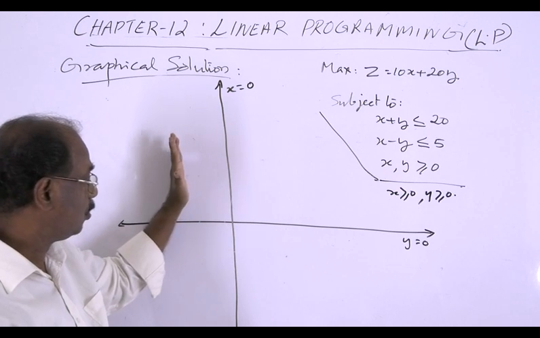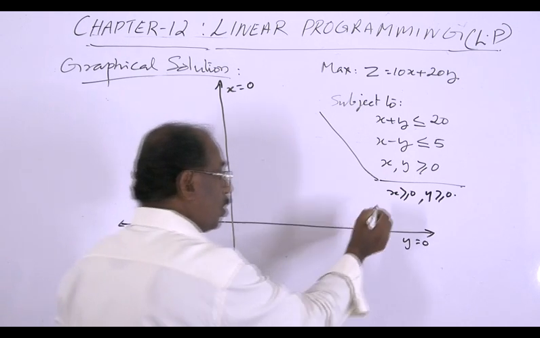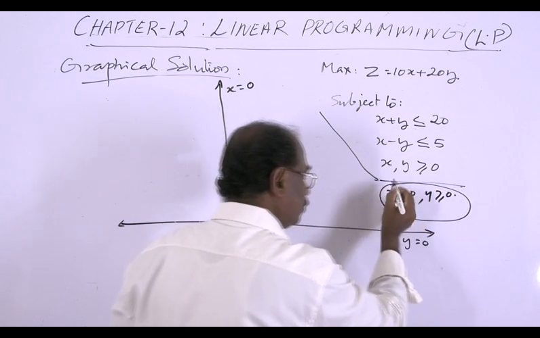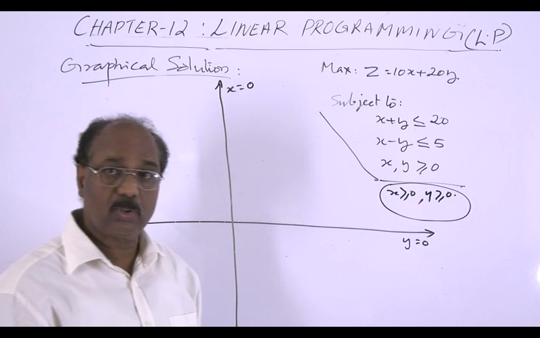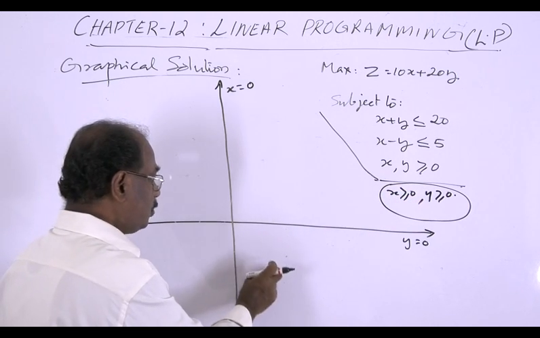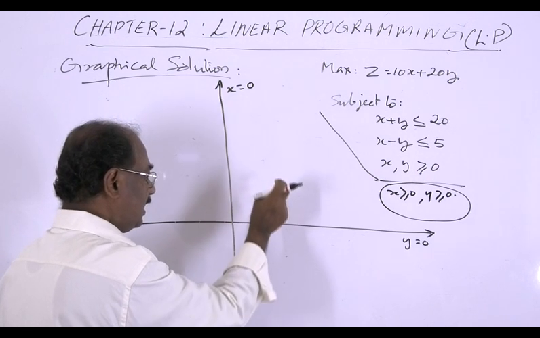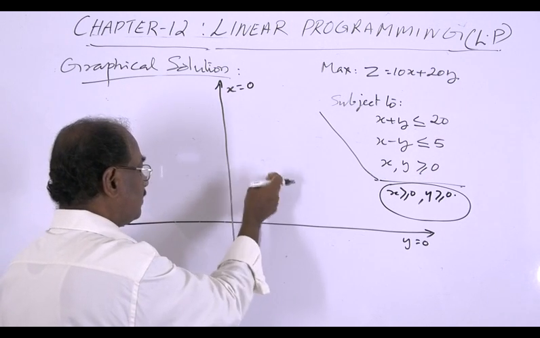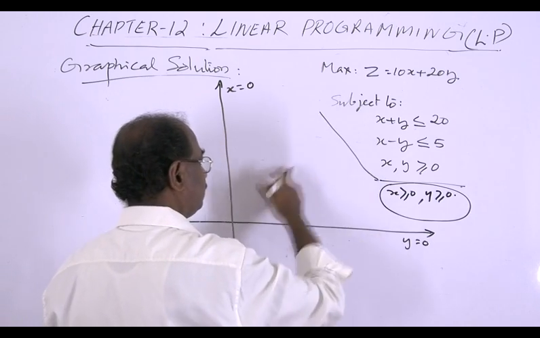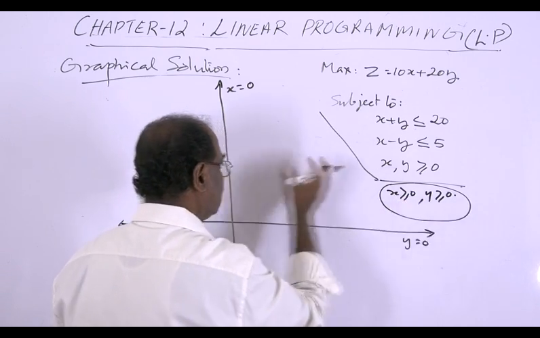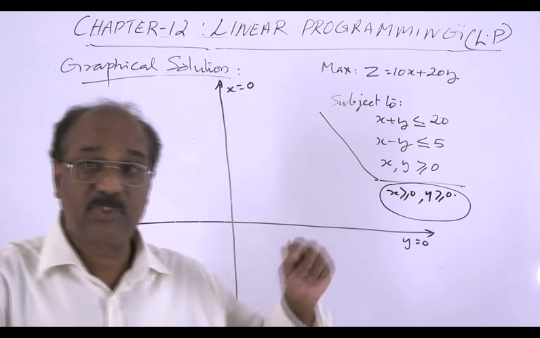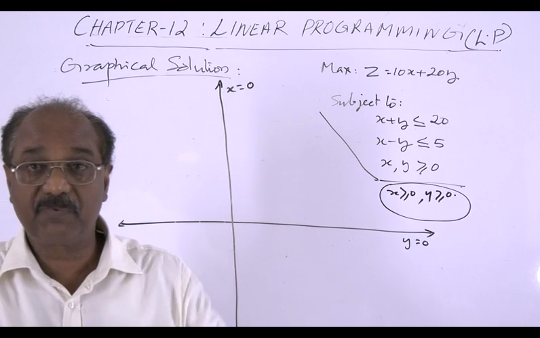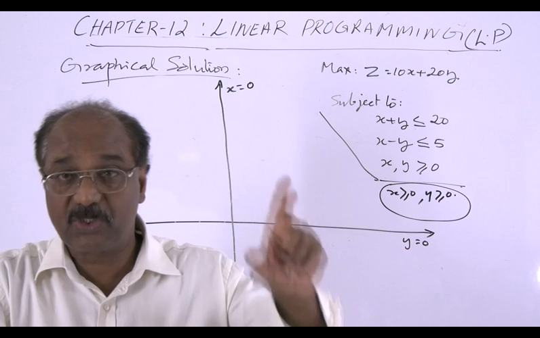Therefore, the common region for these two is the first quadrant. Therefore, the feasible region lies in the first quadrant.